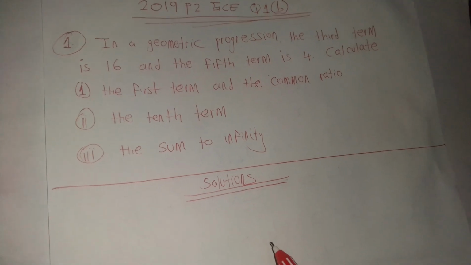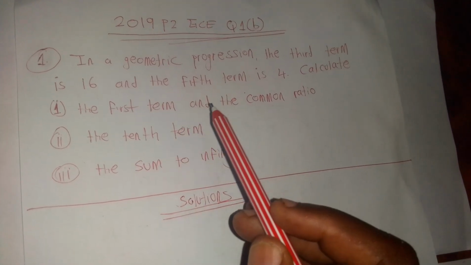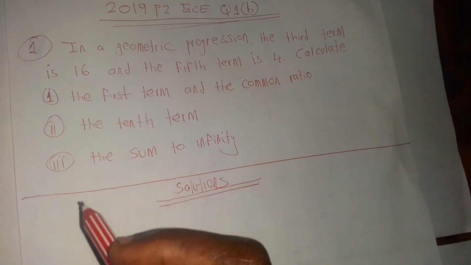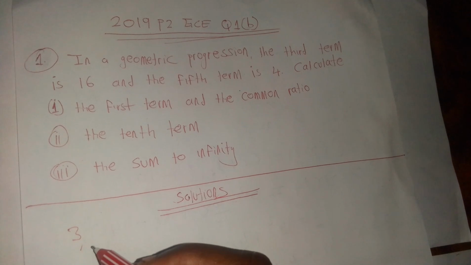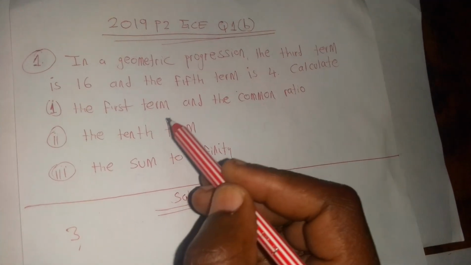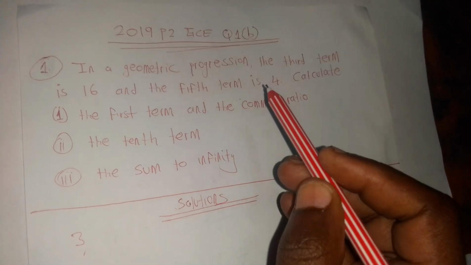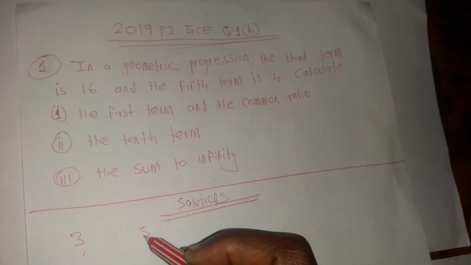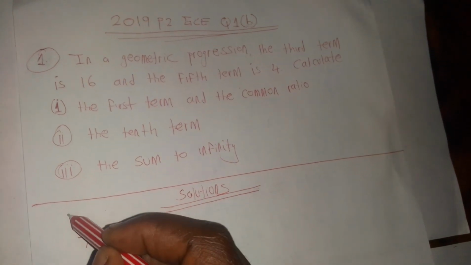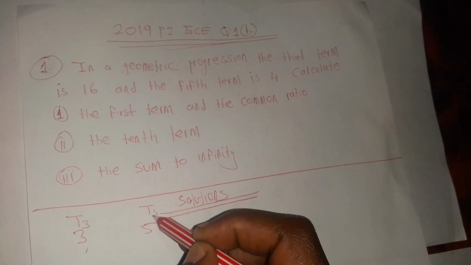So for us to solve this question, if you look here, they are saying there is the third term, and you have the fourth, and then the fifth, term number 5. So this one is term number 3, this one term number 5.